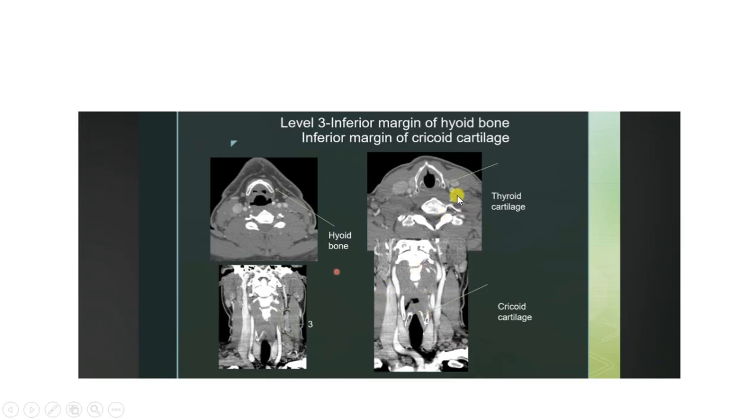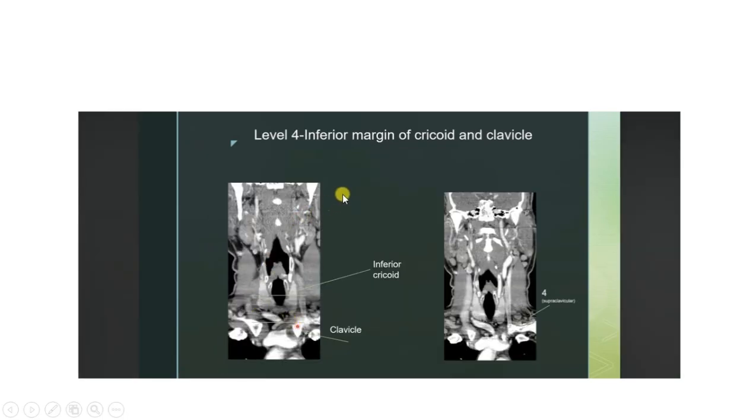And at this level lymph nodes are appreciated, and beneath the hyoid bone and above the cricoid cartilage, level 3 lymph nodes are identified.